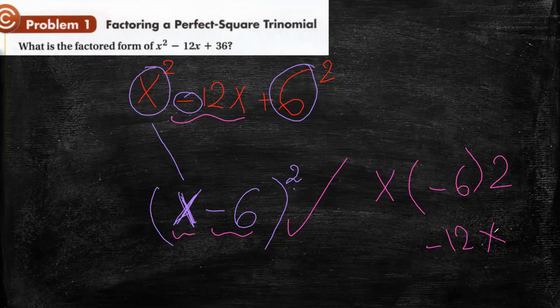Like here you said 6 multiplied by 6 equal 36. Then here you said that it's -12x. Here, no, not by the power. By 2. Multiply it by -6 by a number 2.